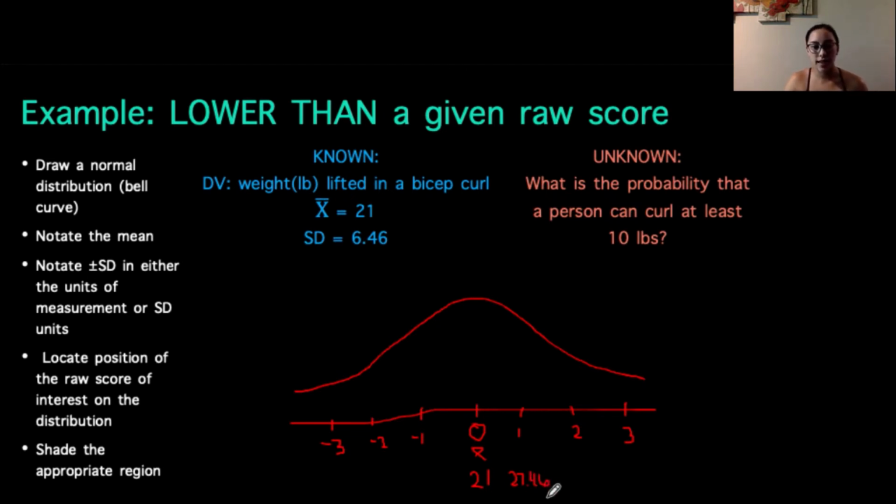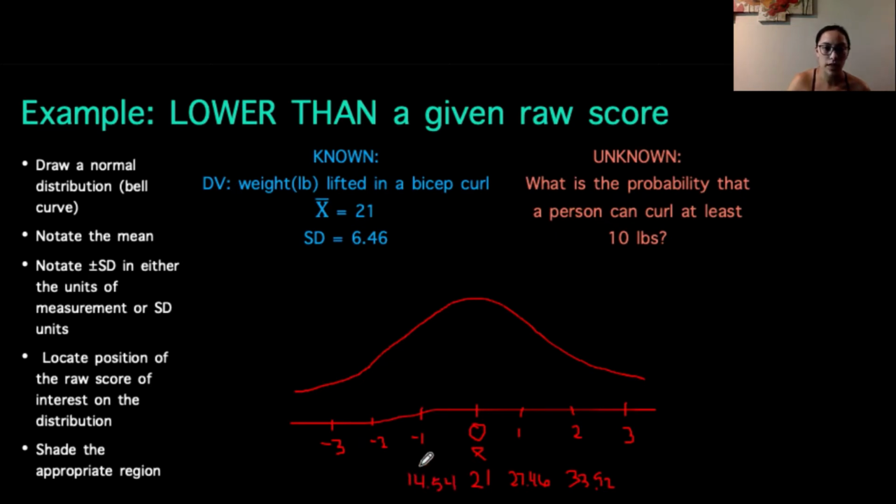And then taking that number, you would add another 6.46, and then we would get 33.92, right? And then you add 6.46 again. Going down this way, you could have 21 minus 6.46, which would give us 14.54.